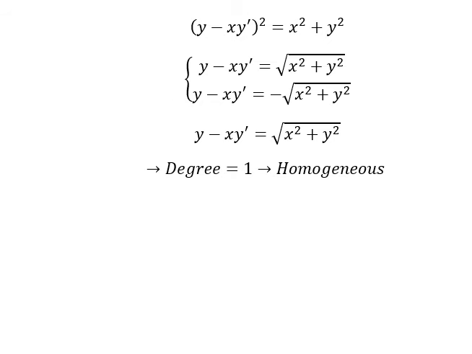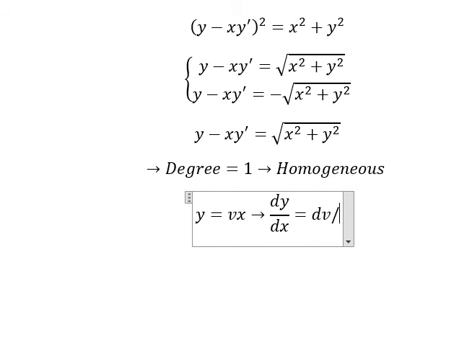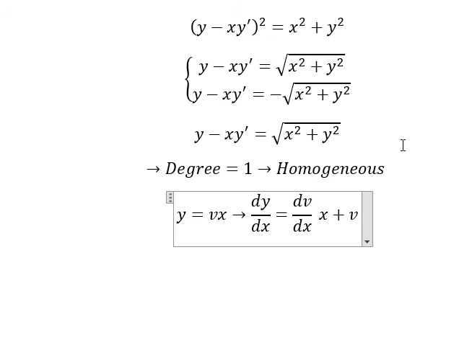So I will put about y equals to vs. Later that we do first derivative for the both sides. First derivative of v, we have dv over ds multiplied by s. First derivative of s, we have number 1, so we have v.